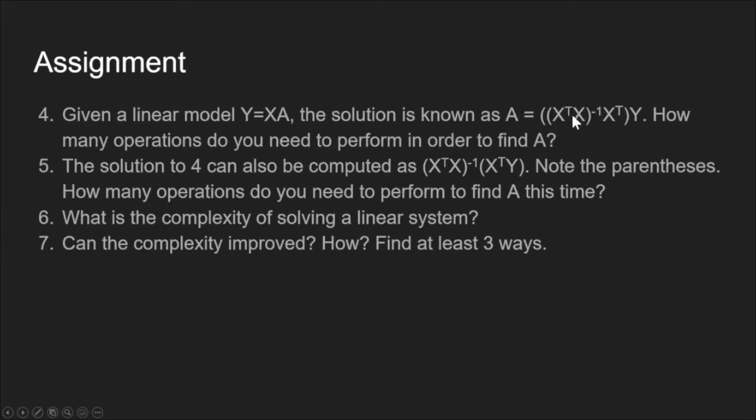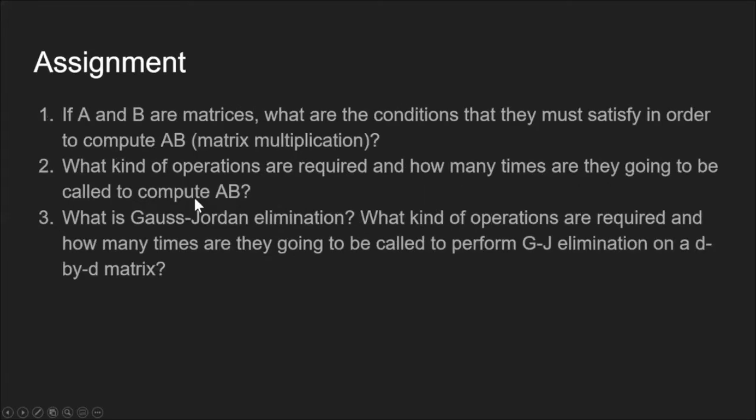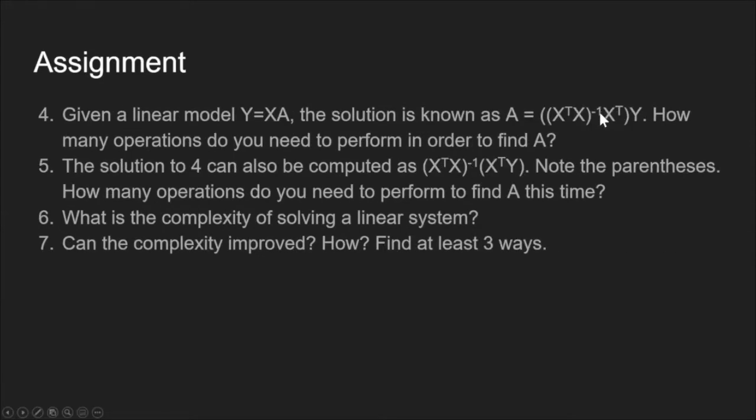X transpose is A and X is B. And you can count the number of operations for this. And then Gauss-Jordan elimination is an algorithm for computing a matrix inverse, okay? And if you know how complex that operation is, then you can get an estimate of the computational complexity of this part of the equation.